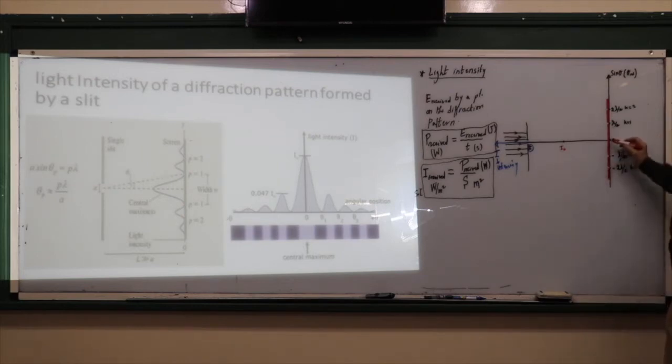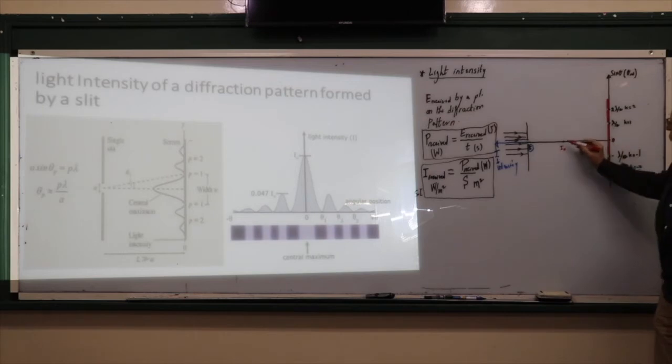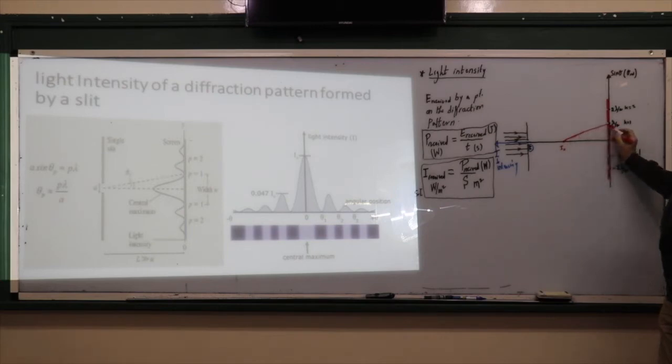So let's draw. At O, intensity is maximum. As you move up, as theta increases, intensity decreases till 0. So I am drawing the graph. It decreases from maximum to 0. Okay?